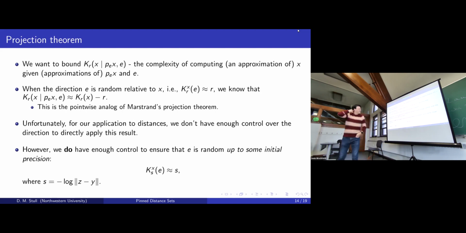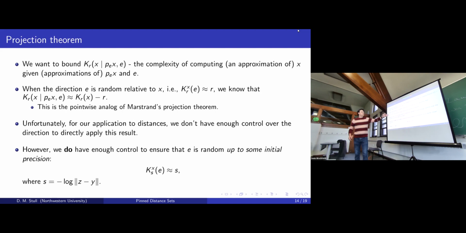So this is a really well-studied problem. When the direction of E is random relative to X, when the complexity of E given X is about R, we have a tight bound.